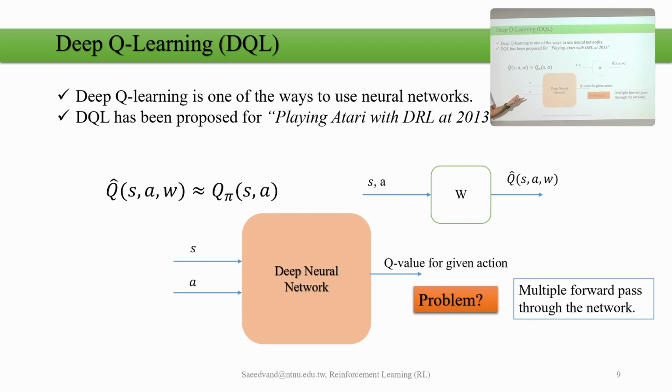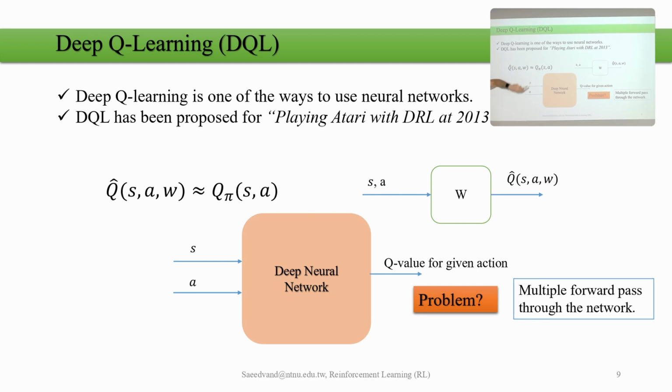So the idea here is that if we use this configuration, we need multiple forward passes. What does it mean? If you remember in the Q-learning function, we have a max over the next state. We were writing max of Q value of next action, right? So here, if we want to get the max over next actions, each time we need to give the state and action as input.